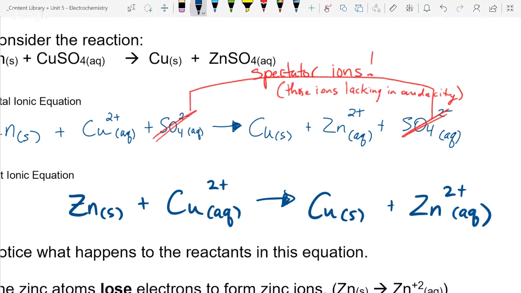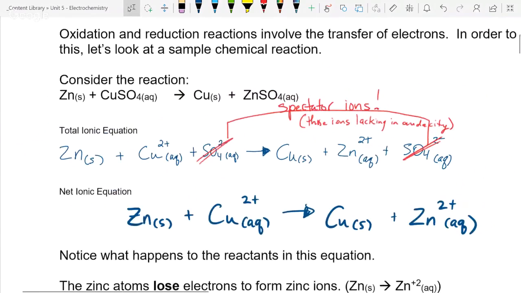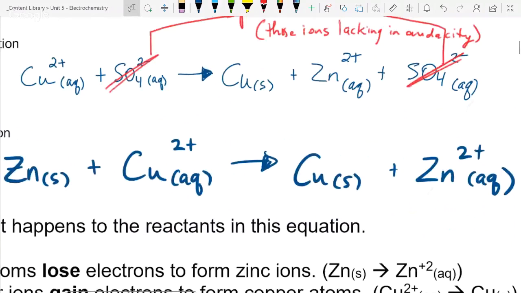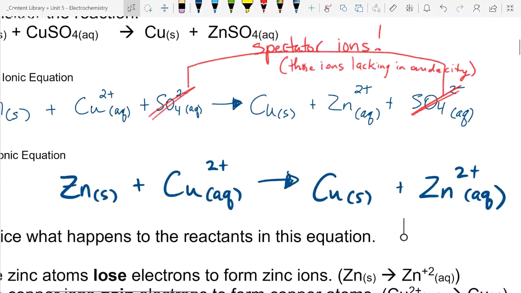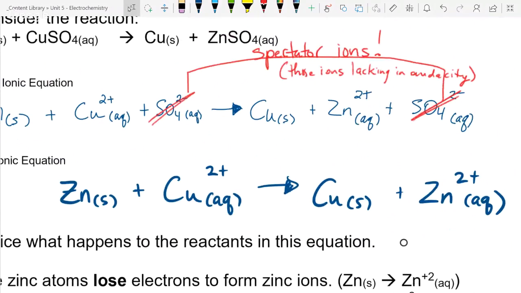Now, let's take a good look at this reaction, because it's very telling. In this chemical equation, we take solid zinc, and what happens to that zinc? Focus just on the zinc for a minute.